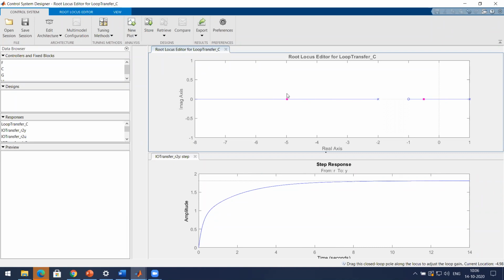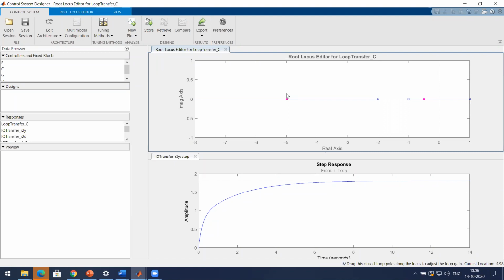So when you're able to place the poles wherever you want, what is the advantage that you get? These poles define stability, right? They also define how the response is, whether the response is faster or slower, whether there is overshoot and all those. There are many things that these pole positions will define.